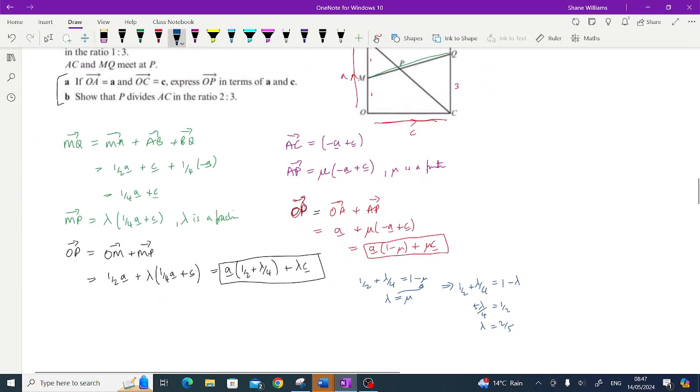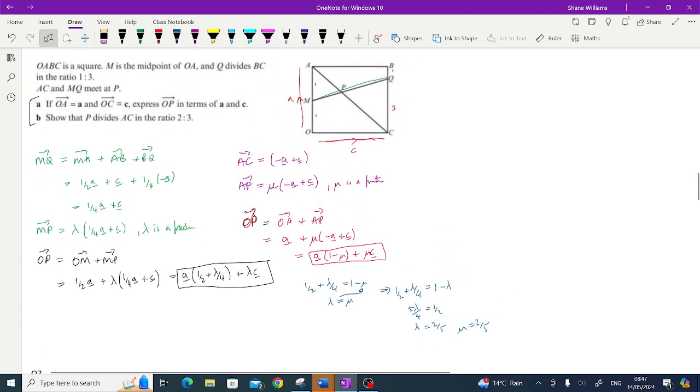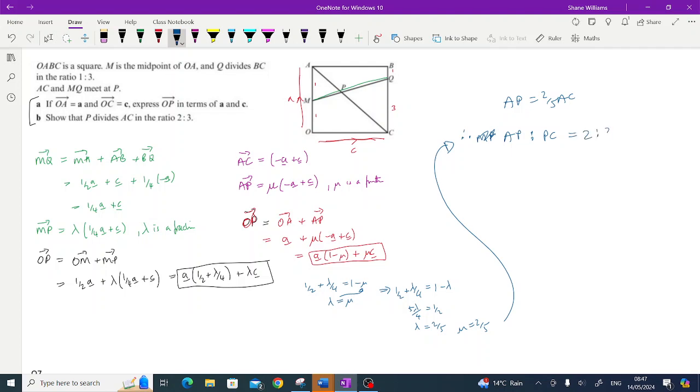So what we found is that P is 2/5 of the way along M to Q, and since mu equals lambda, mu is also 2/5, so it's 2/5 of the way along A to C. Therefore, AP equals 2/5 of AC, therefore AP to PC is 2 to 3.